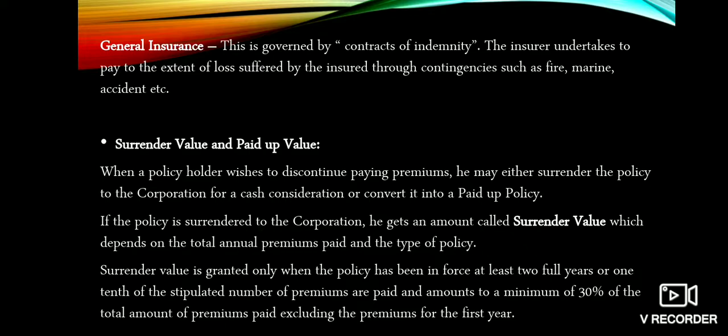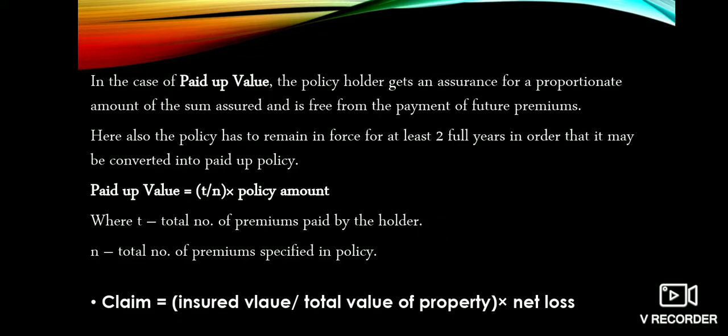So the surrender value is granted only when the policy has been in force for at least 2 full years, or 1/10 of the stipulated number of premiums are paid, and the amount is a minimum of 30% of the total amount of premiums paid, excluding the premium of the first year.